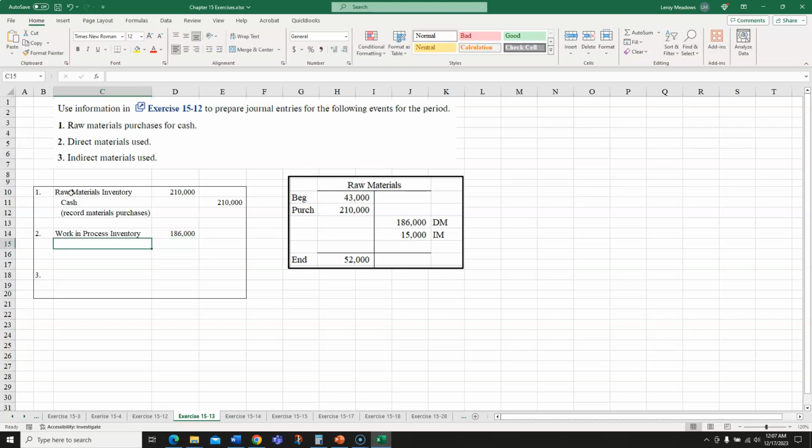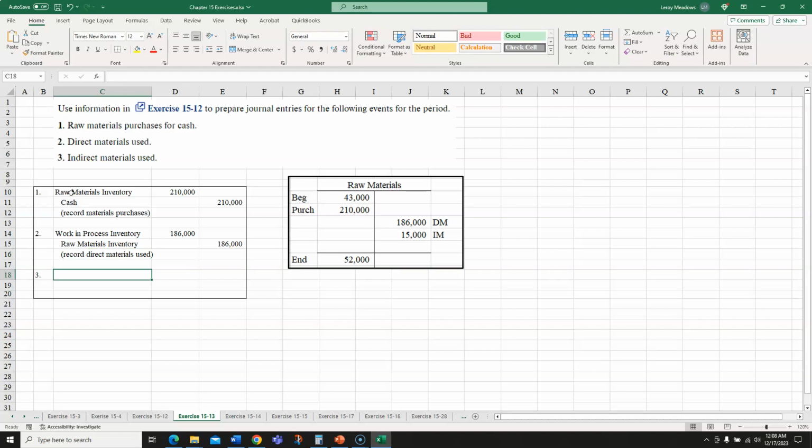And I'm going to credit raw materials inventory $186,000. And for my notes, record direct materials used. Now we need to record the indirect materials used.